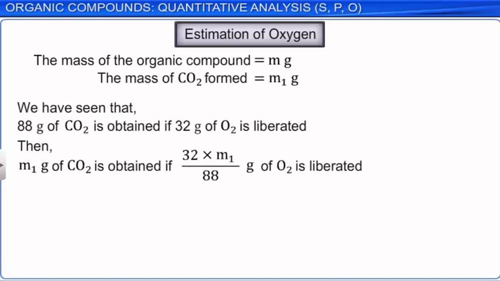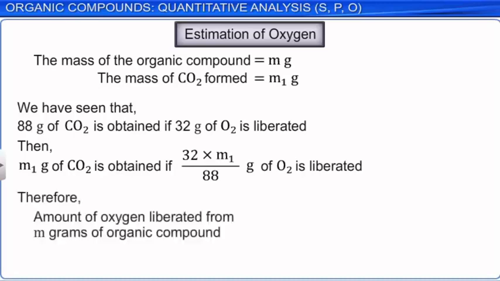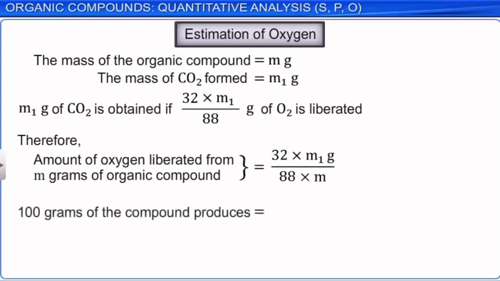Therefore, the amount of oxygen liberated from m grams of organic compound is equal to 32 into m1 divided by 88 multiplied by m. Hence, 100 grams of the compound produces 32 multiplied by m1 multiplied by 100 divided by the product of 88 and m. This gives the percentage of oxygen present in the compound.